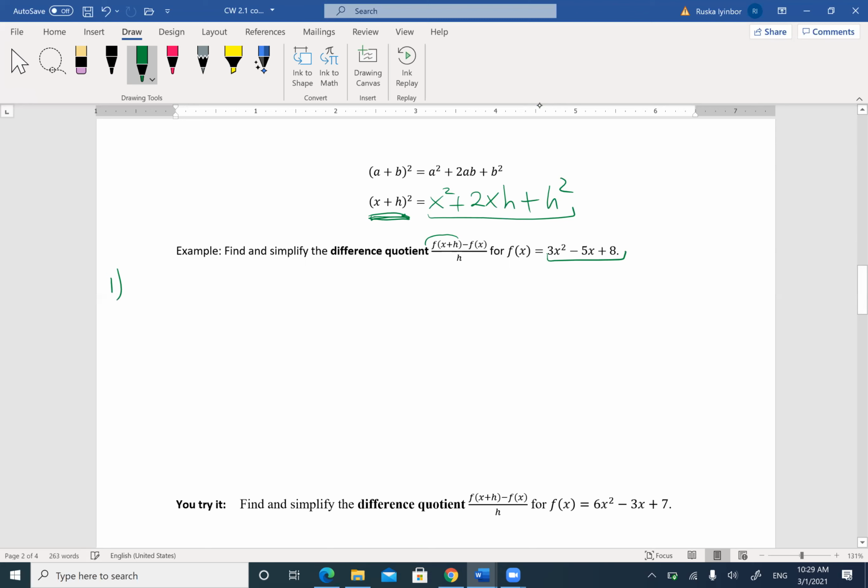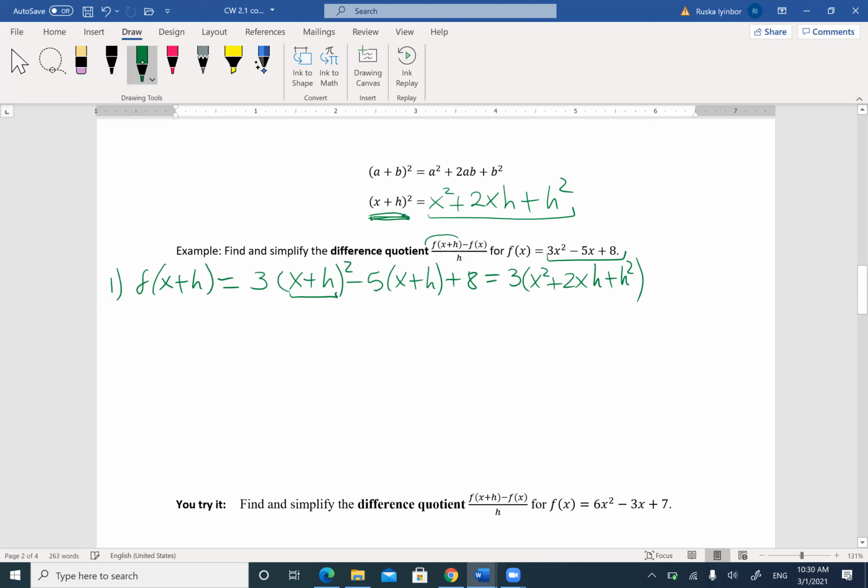So let's go ahead and do the example for this function. The first step is f of x plus h, and that will be 3 times x plus h squared, minus 5 times x plus h, plus 8. And x plus h squared is this one. So it's going to be 3 times x squared plus 2xh plus h squared.